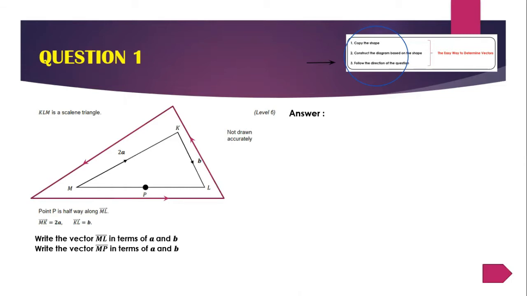Students, the question is factor ML. What is the meaning of factor ML? Factor ML means direction from M to L, right?